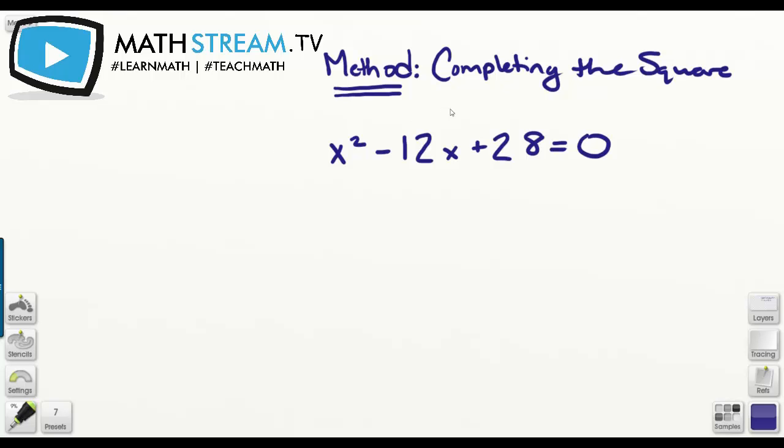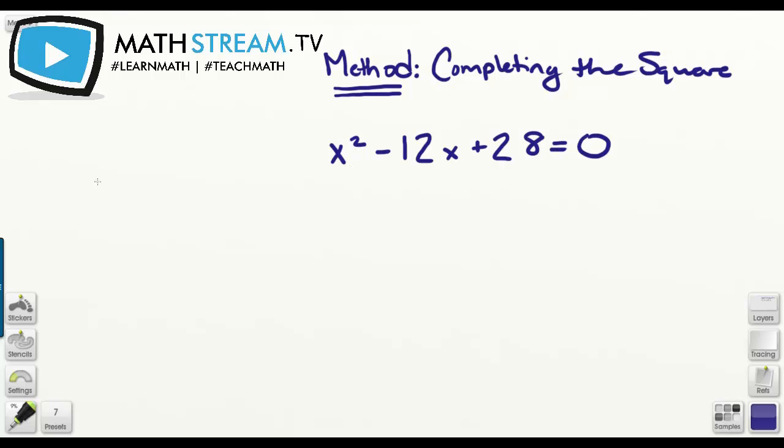All right, so let's see what we would need to do in order to solve this equation. We don't see any obvious ways to factor it into two pairs like this. I don't see any obvious ways to use the number negative 12x and positive 28. And so I decide I'm not actually going to use that method. I'm going to use completing the square.